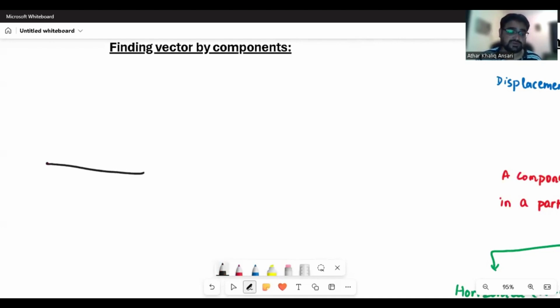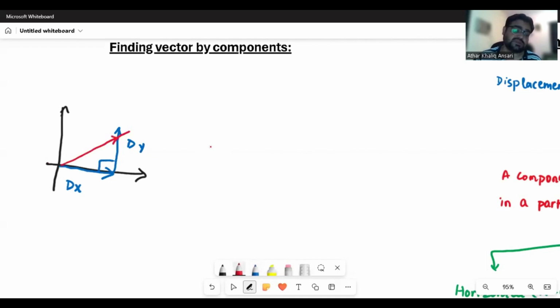This is the x-axis, this is the y-axis, and you have two components of displacement. Let's say this is dx, you know the value, and this is dy, and dx and dy are perpendicular to each other. You are asked to find their resultant vector d.